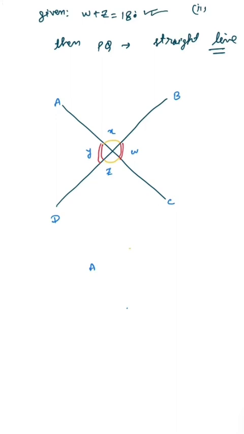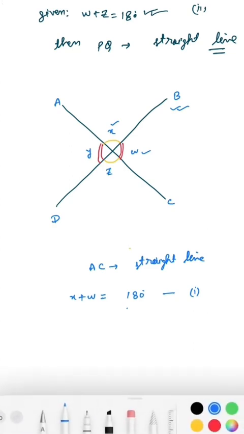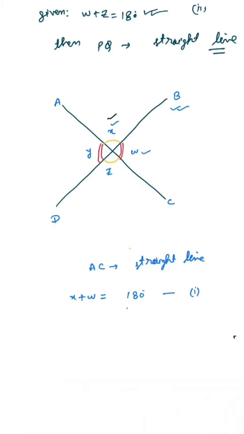Now AC is a straight line, and we can see that x and w form a linear pair. It means we can write x plus w as 180 degree. Similarly, BD is also a straight line, and here angle x and angle y are forming a linear pair.